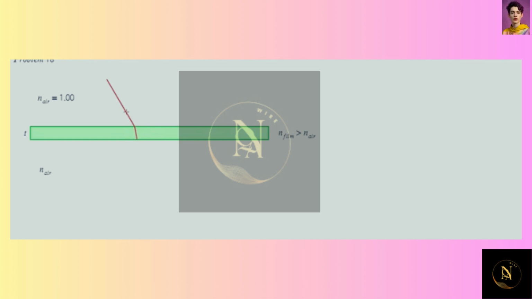Then it's going to reflect here, a portion at the boundary is going to reflect. This reflected ray is going to be shifted by 180 degrees. So let's denote that. If there's going to be a phase shift there, let's call that delta reflected. And that's going to be reflected by 180 degrees.